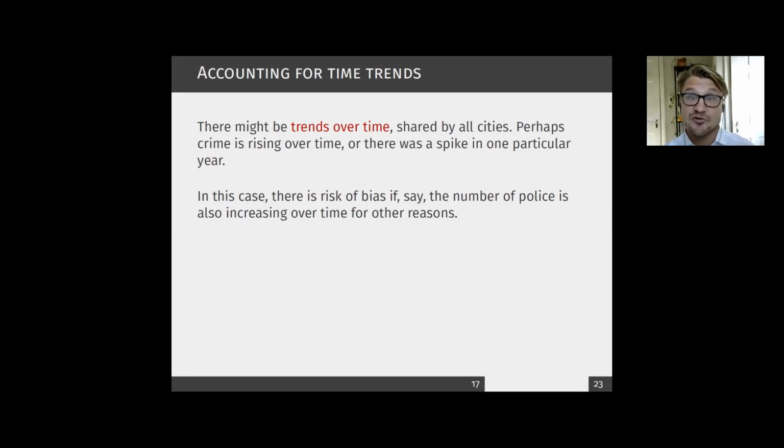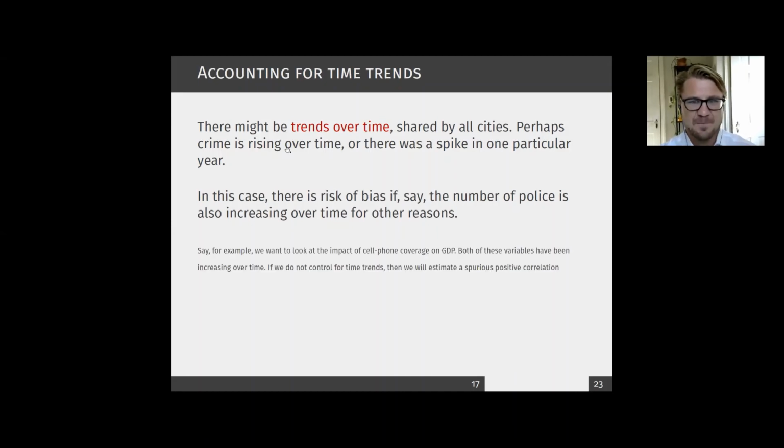This could create its own sources of bias, right? Because we know that some things just co-vary over time for a bunch of third factors that could be driving it. You know, the number of police is increasing over time because of, you know, cultural factors, the 1960s liberalism or something that is across the whole country that's driving both crime and number of police.